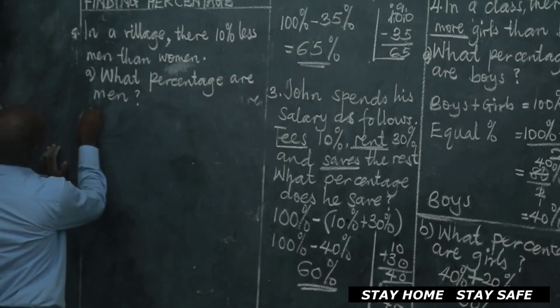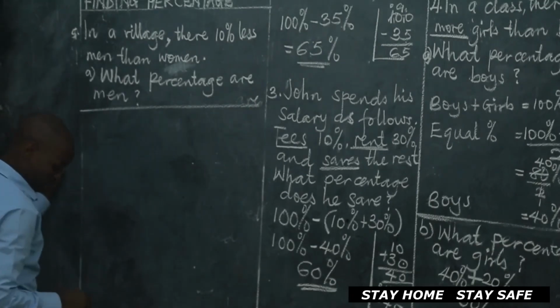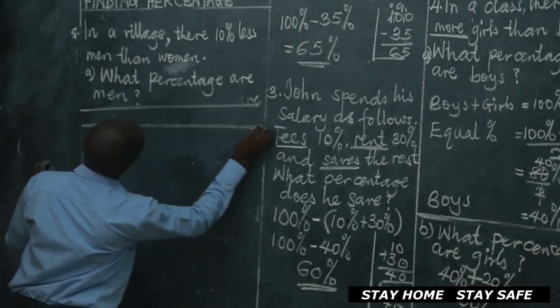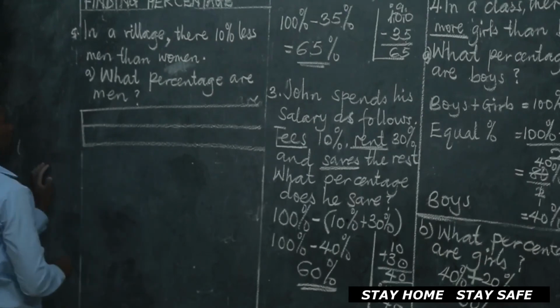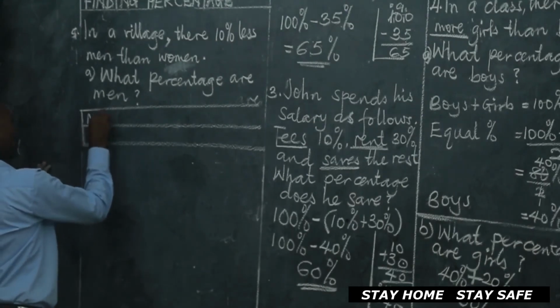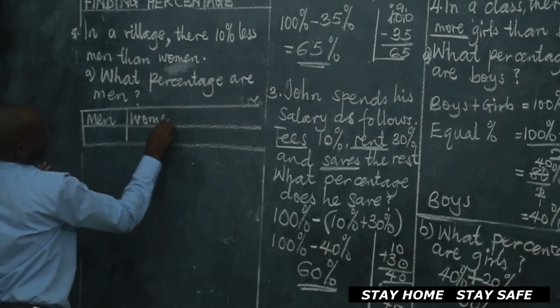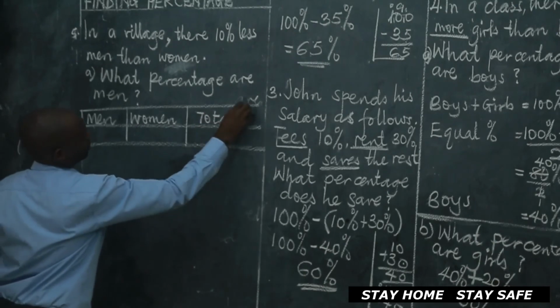So we are going to draw this table. So we have men, we have women, then we have their total.